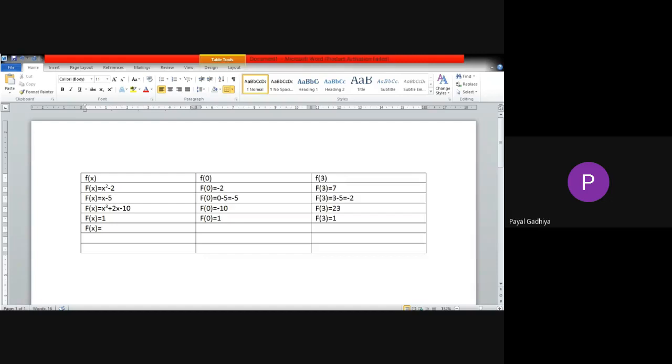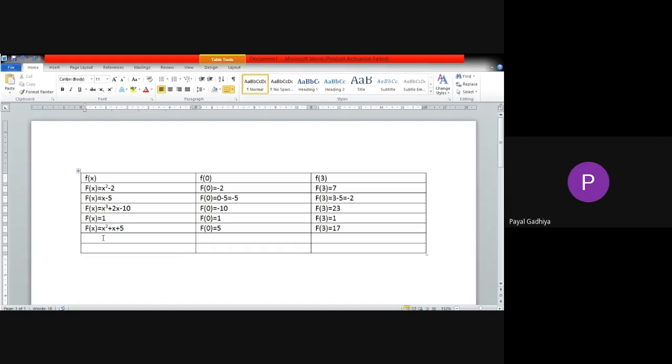Then f of 0 equals 5. f of 3 equals 3 threes are 9, plus 3 is 12, plus 5, so 17. Yes, 17. Very good, Kelvi.